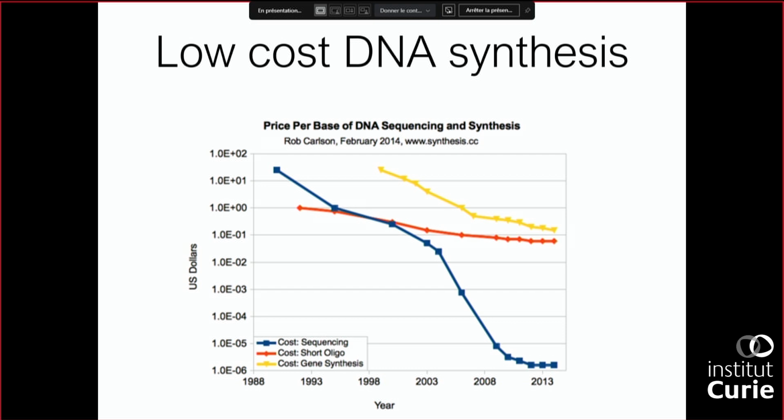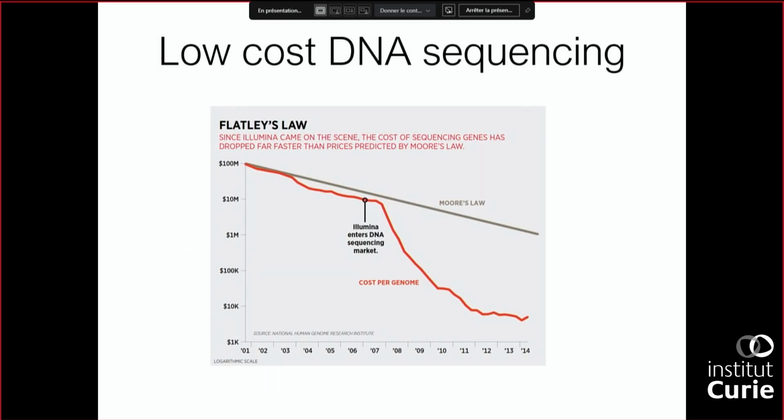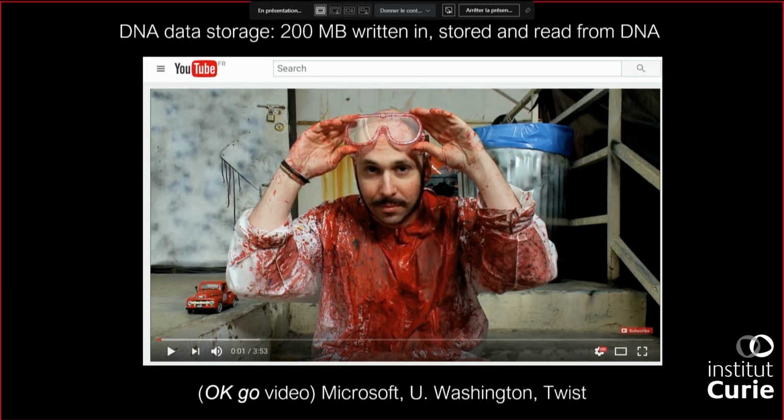Right? And in fact, these costs decrease so fast and so strongly that completely new applications of synthetic DNA have recently emerged. For example, a couple of years ago, DNA was used to store massive amounts of information.